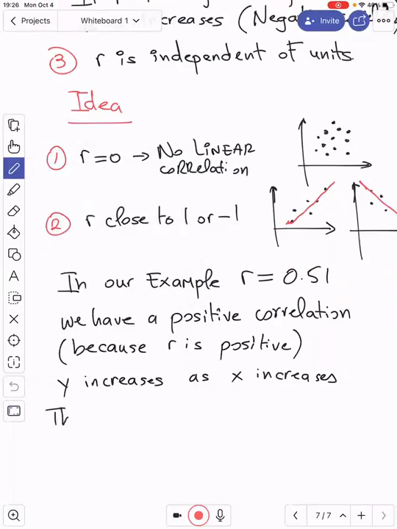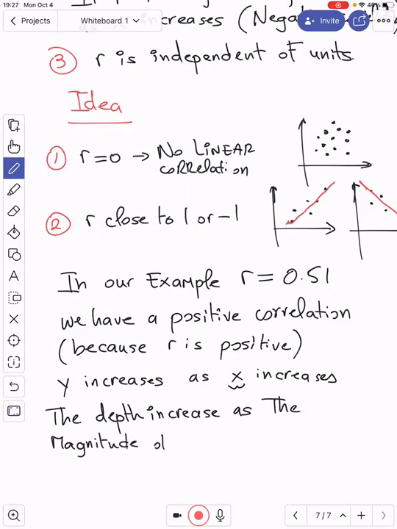So the depth is going to increase as the magnitude of the earthquake increases, right? Because the variable X was the magnitude of the earthquake. So the depth, which is the variable Y, increases as the magnitude of the earthquake increases.